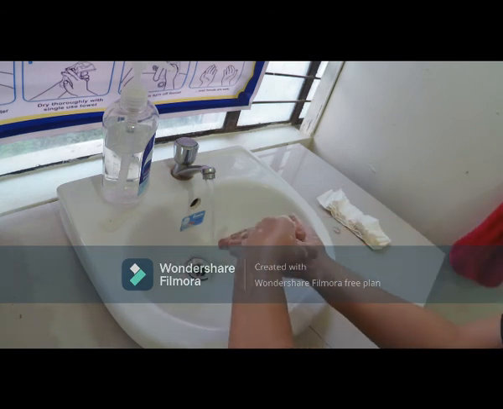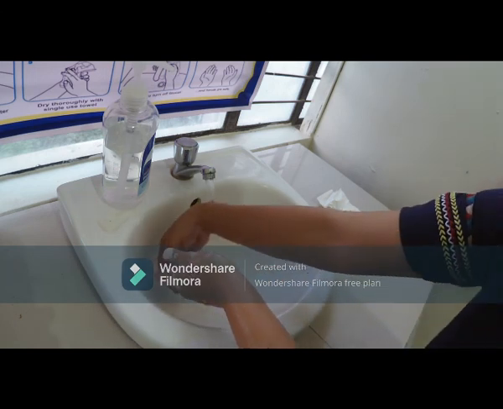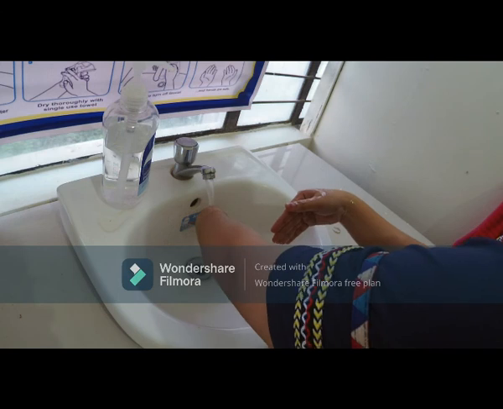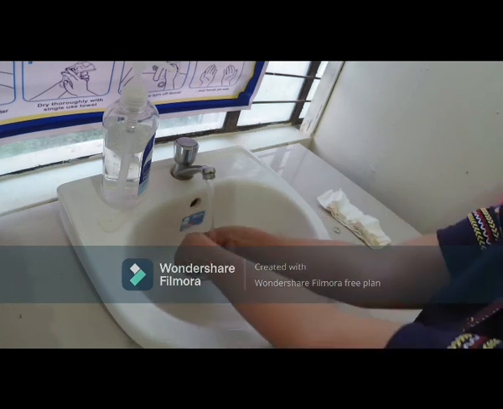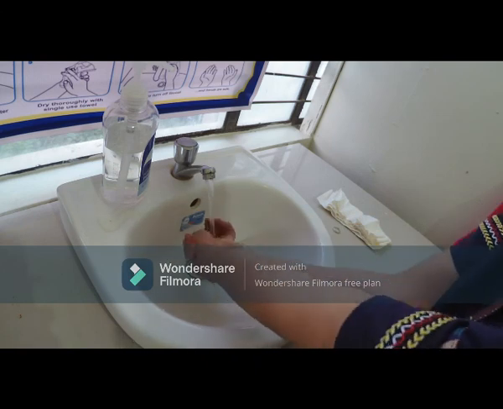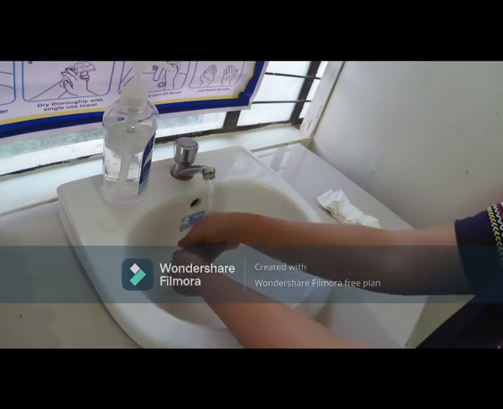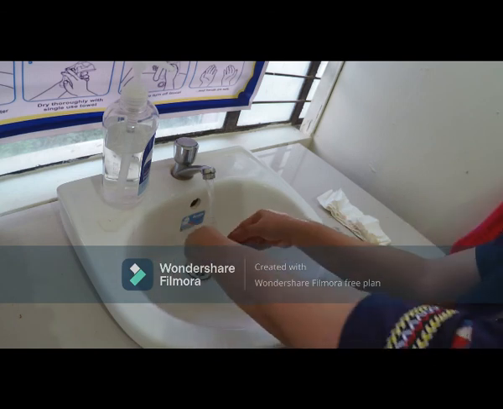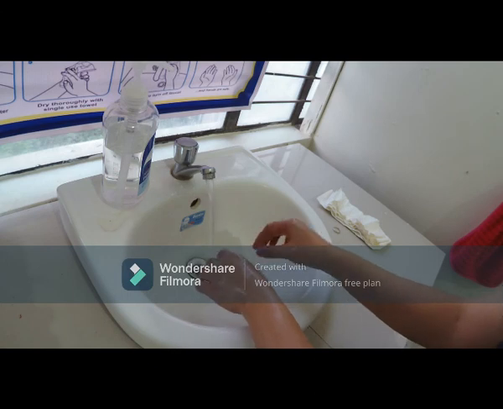So after that, we will now rinse hands and wrists, keeping still our fingers and hands down, elbows up. Okay? So, hindi pa po natin ito turn off yung faucet. So, next is, kunin natin yung ating paper towel.